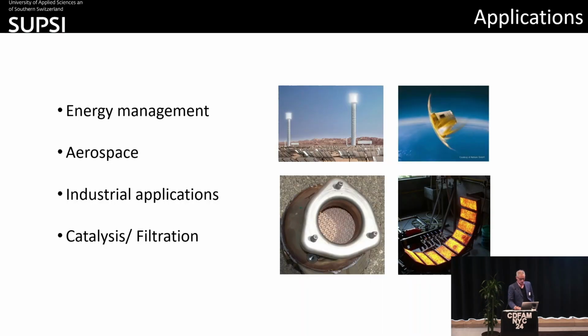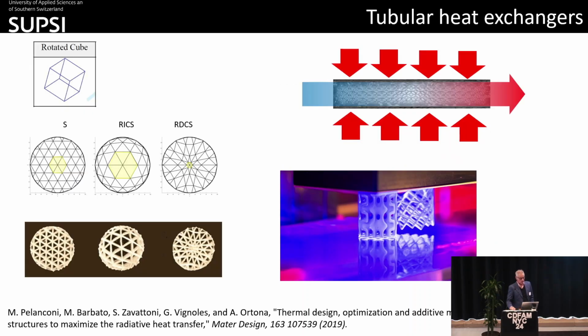So finally, let me give you some examples from many years of experience. We have been working a lot in renewable energy, in aerospace, in industrial heat management, and also in filtration. Let's start with this. Imagine that you have a tube which is heated from outside, and you want to heat the fluid flowing through it. If you don't put anything in, it's very ineffective.